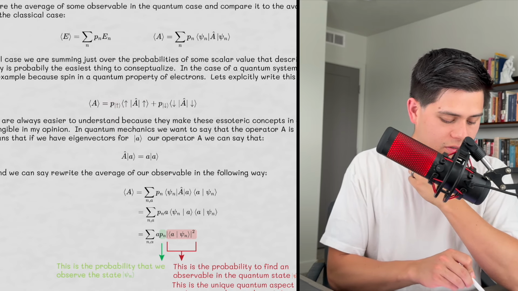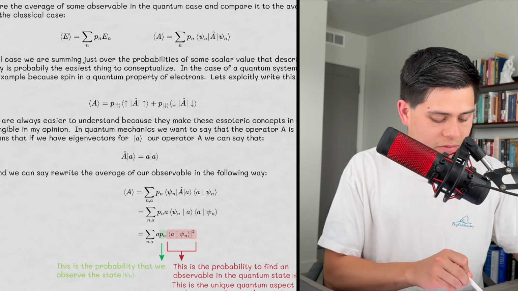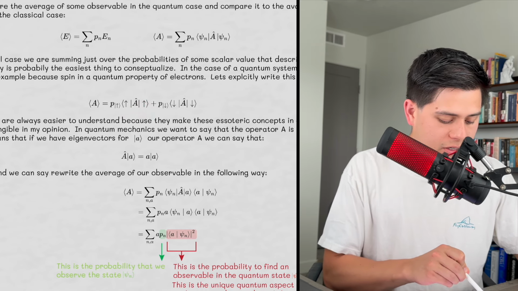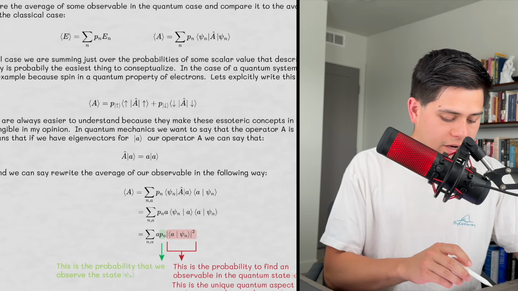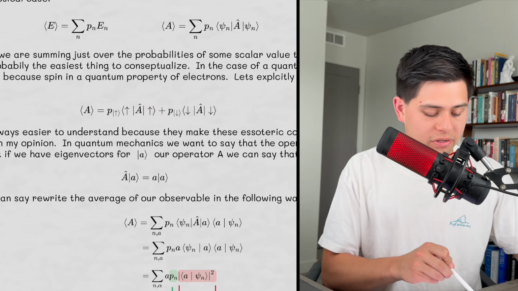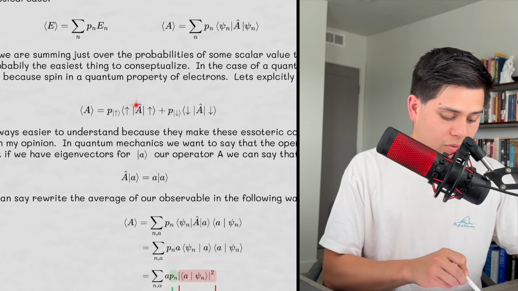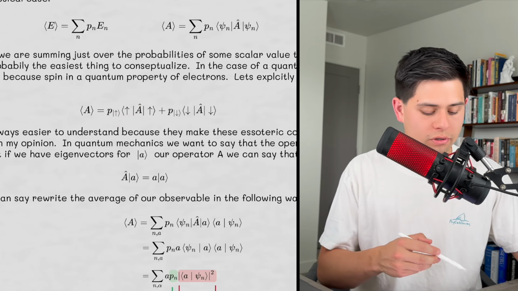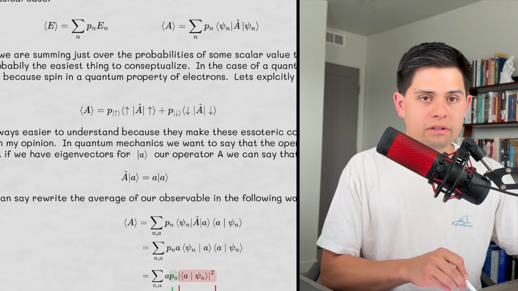This is the probability of us being in spin up multiplied by this number here. This is an operator acting on this vector here that represents the up state. And then we have this bra vector. Multiply that, and that's going to give us a number. That's going to give us the probability amplitude of going from state up to state up, given this operator.